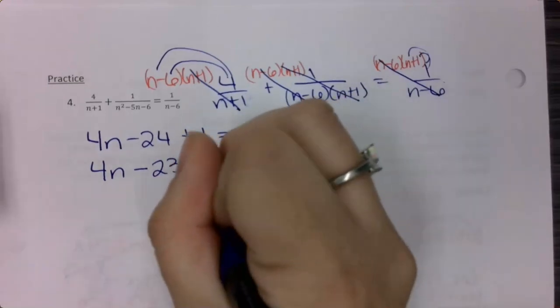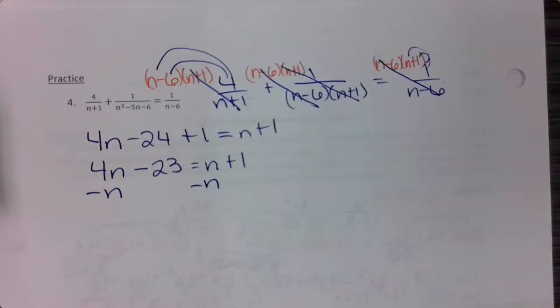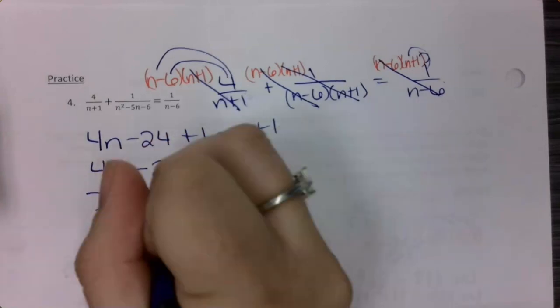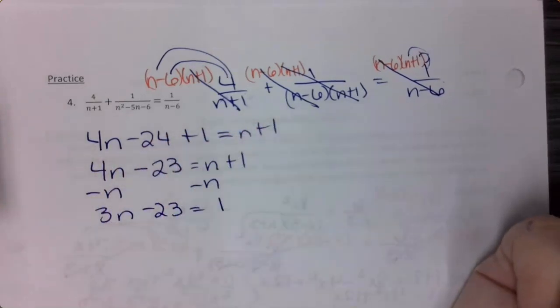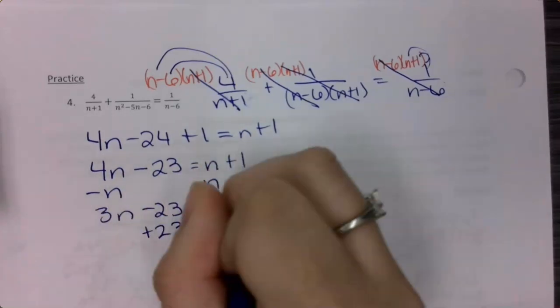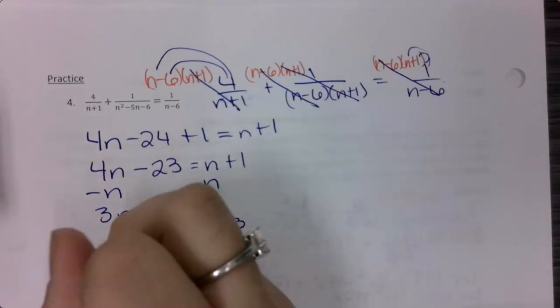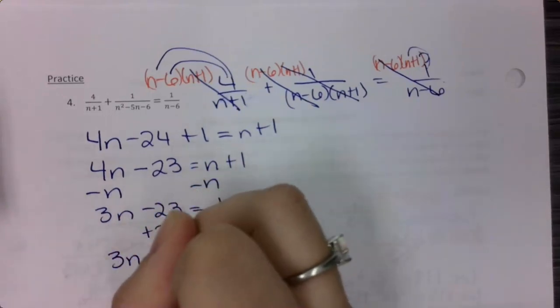Then I want to subtract my n over. 4n minus n gets me 3n. Then I want to go ahead and add 23 to both sides. I have 3n equals 24.